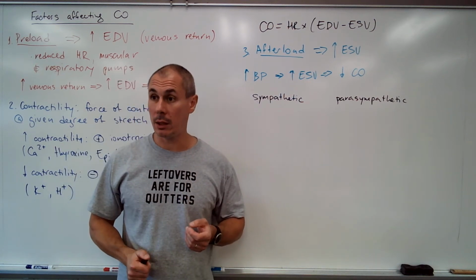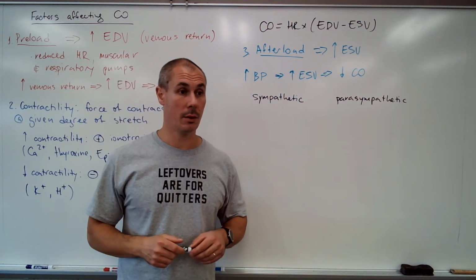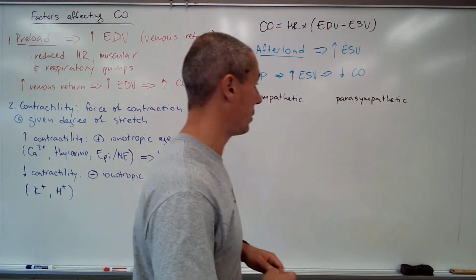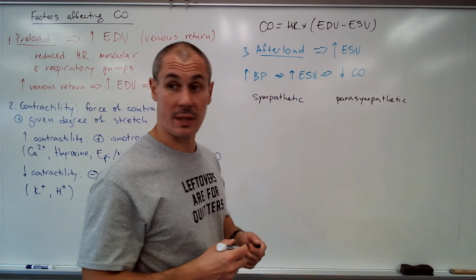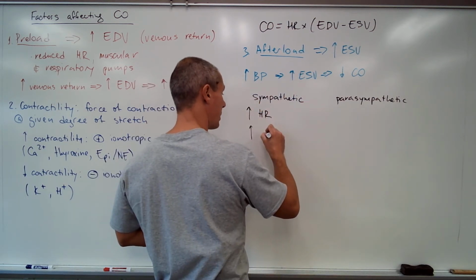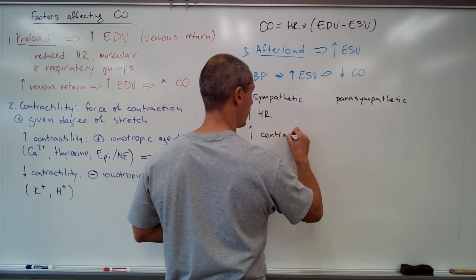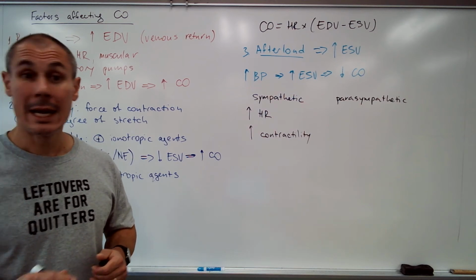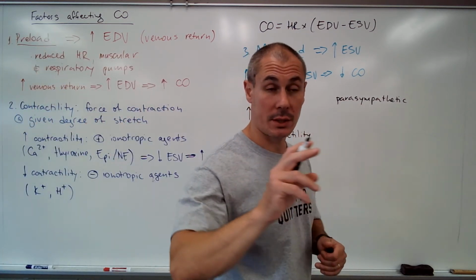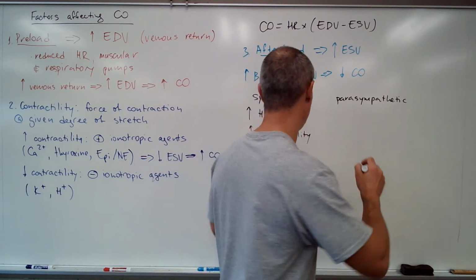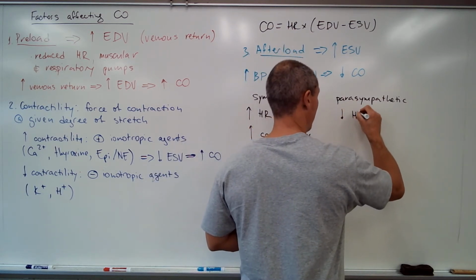So if you compare how sympathetic and parasympathetic regulators affect contractility and the heart rate, you'll notice this. Look, sympathetic increases heart rate and increases contractility. So both. We're good? Parasympathetic, check this out, has no effect on contractility. It reduces heart rate and that's it.